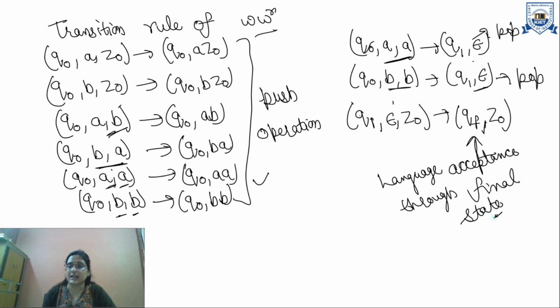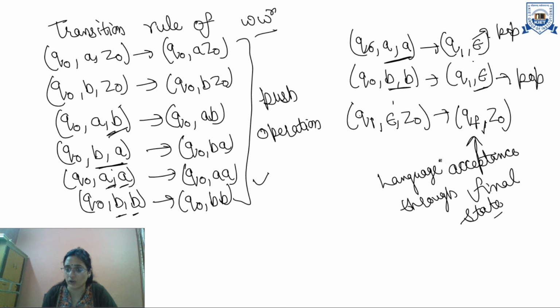As I already discussed, in case of pushdown automata, whether it's deterministic or non-deterministic, language acceptance can be done through two ways. First one, either we reach the final state, or we can remove all the elements from the stack. The first one is acceptance by final state.